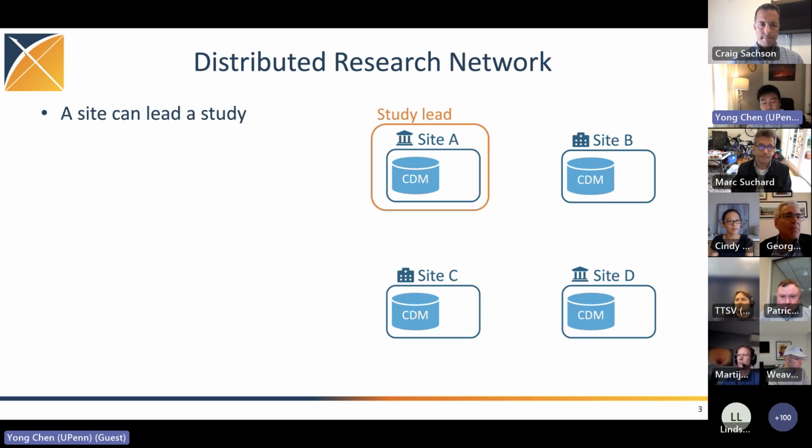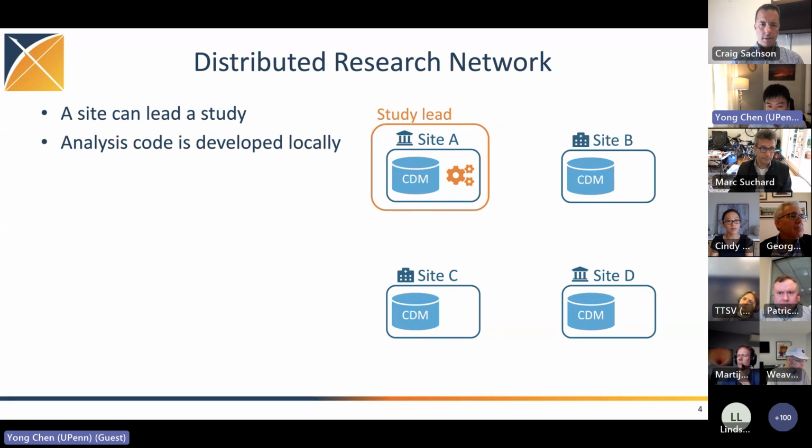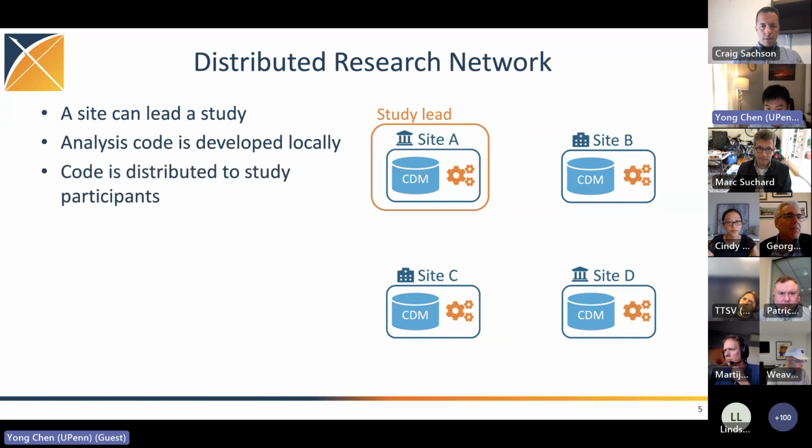Operation-wise, typically there is a study lead. For example, I work at UPenn. We have data converted to the common data model at UPenn, and I want to initiate a project. So I serve as a study lead where I have access to the patient-level data. Locally, I can develop some analytical code.